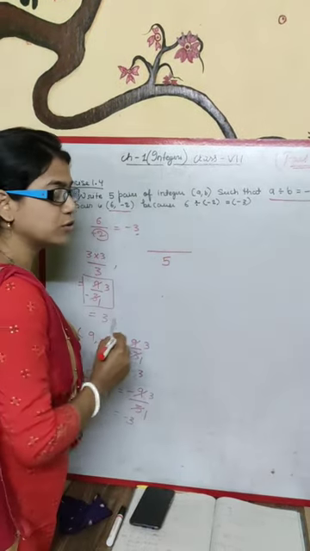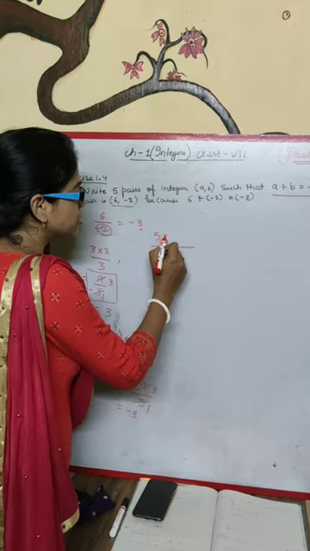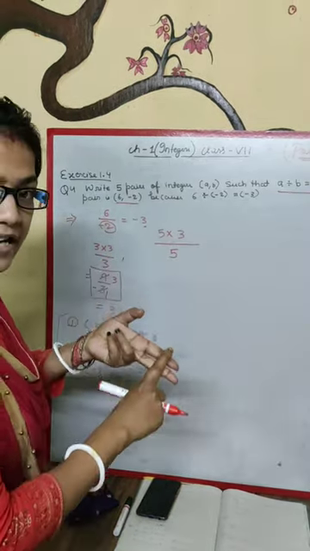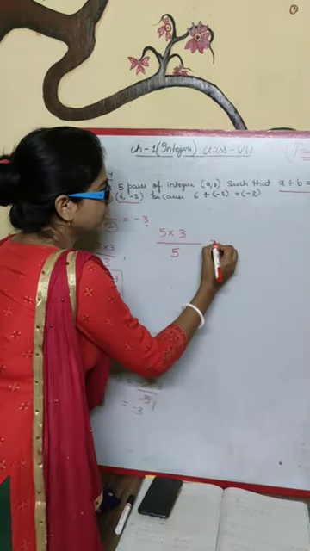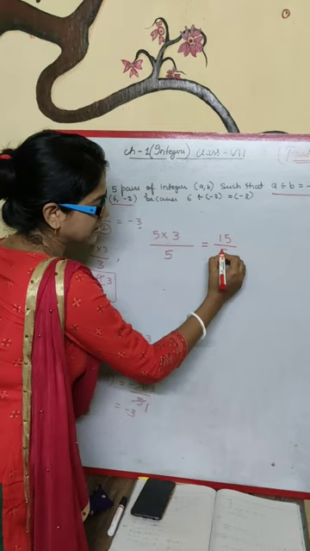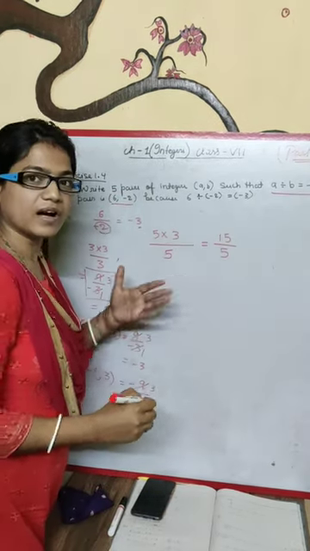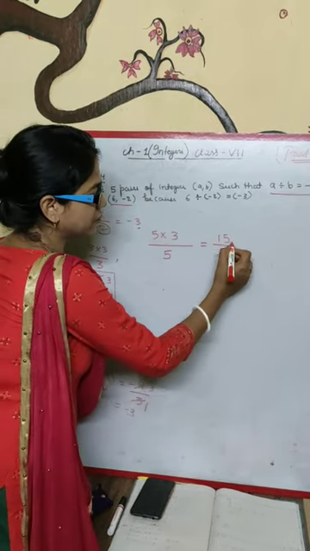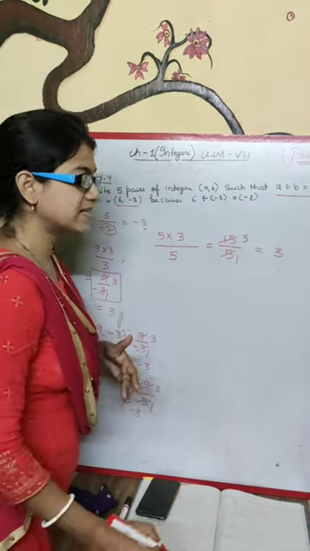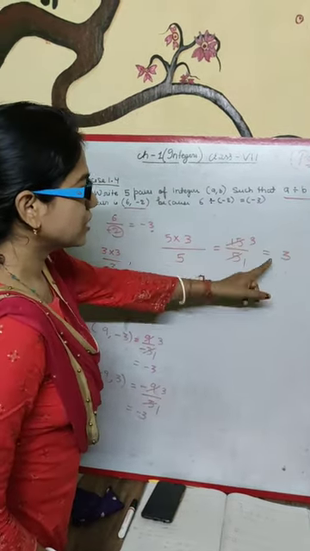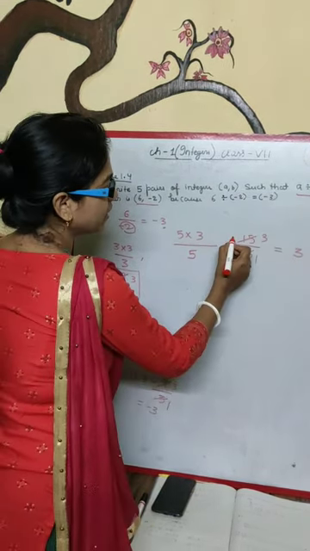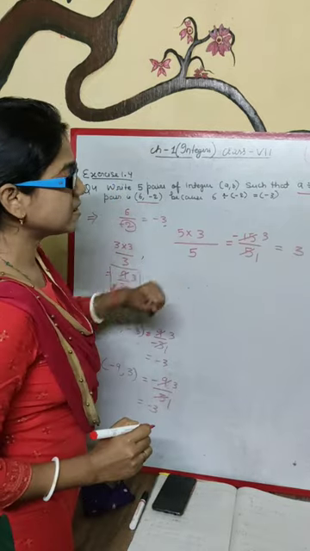And what do we have to do? 5 into 3. Whatever the denominator is, we have to multiply it with 3. You just see here, 15, 5 3s are 15 by 5. Again, if we cut this, 5 1s are 5, 5 3s are 15. We are getting 3 as the answer. And we have to show the answer with the negative sign. So we have to put the negative sign in minus 15.